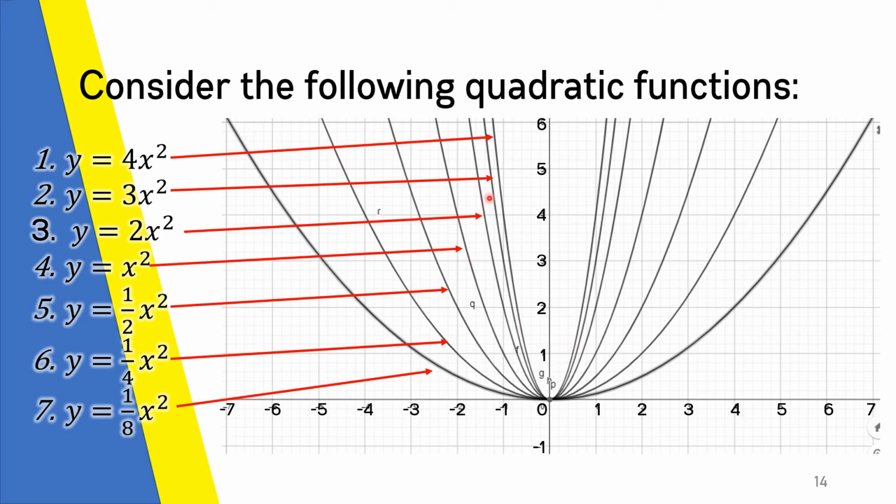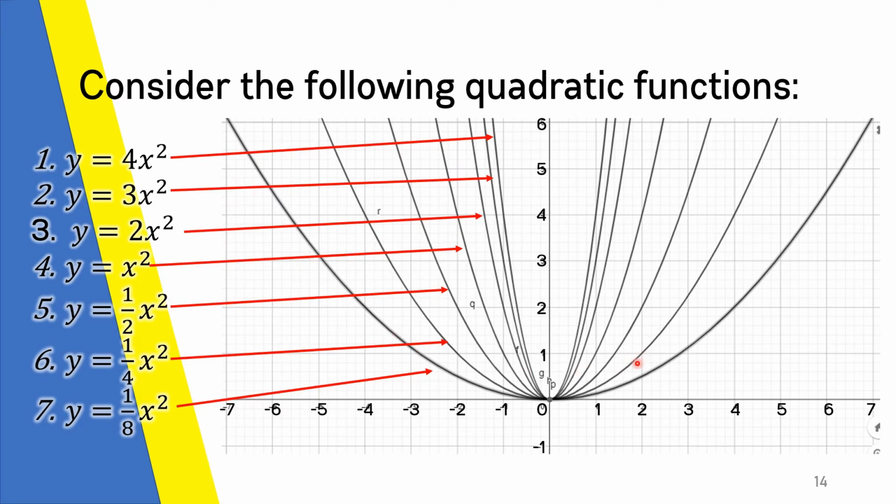and as you go through, we have here y is equal to 3x squared. It goes less steep, then 2x squared, then x squared, and as we go on, we have here 1/2, 1/4, and then 1/8. It goes less steep.